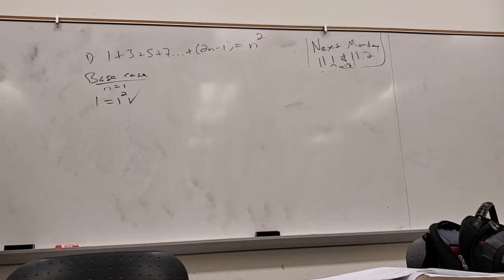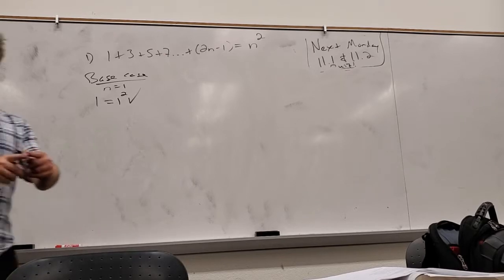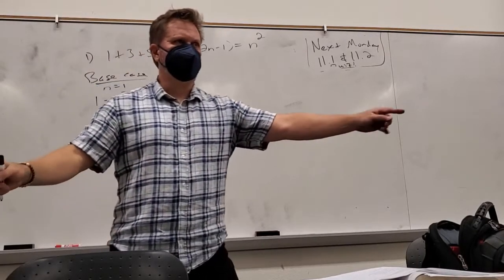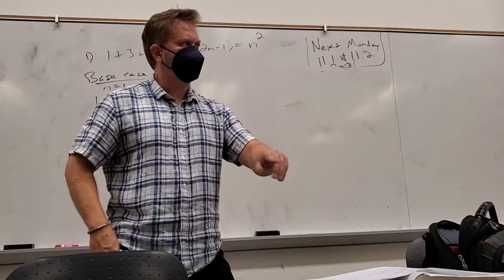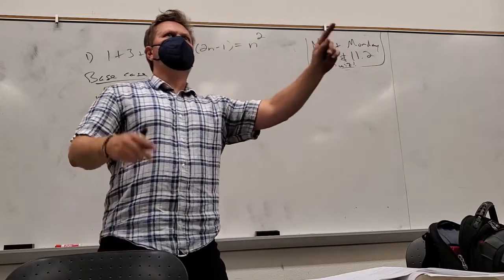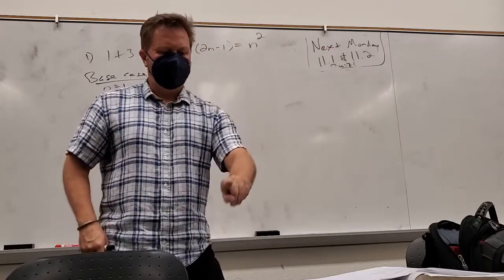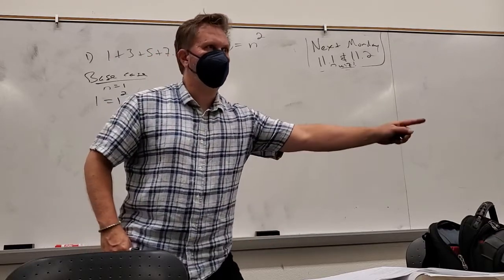Now, I relate this to dominoes in a sense. If I set up a bunch of dominoes, and they are close enough to each other, no matter which domino I click, it's going to fall over, and the rest of them are going to fall over. So what I want to prove is that if I click this domino, it makes all the other ones fall.